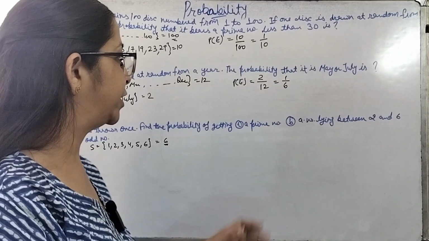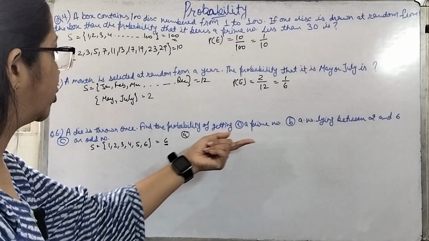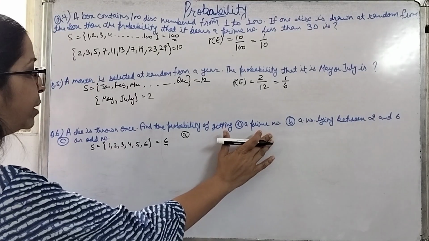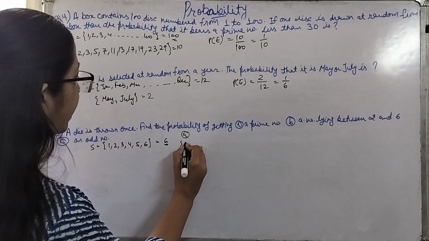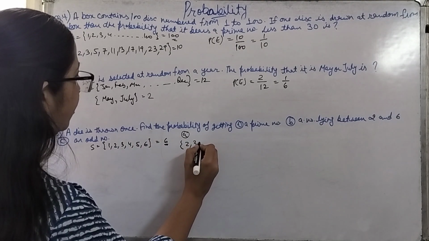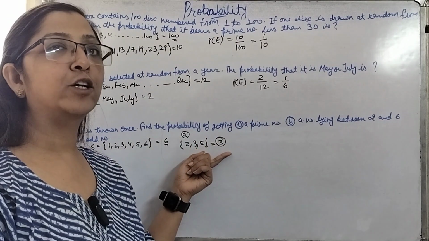Now for the first condition, that is A, what are the favorable outcomes? A prime number. Out of these, which are the prime numbers? See over here, 2 is prime, 3 is prime, 5 is prime. That means the total favorable outcomes are 3.